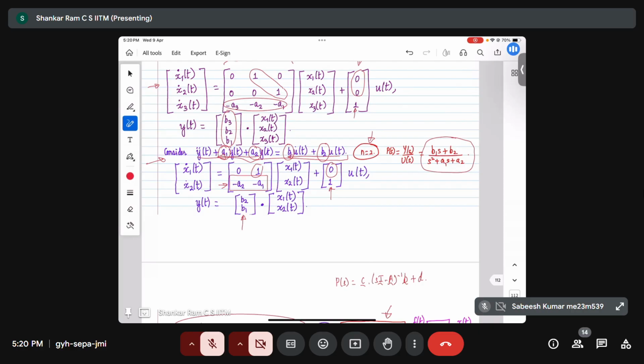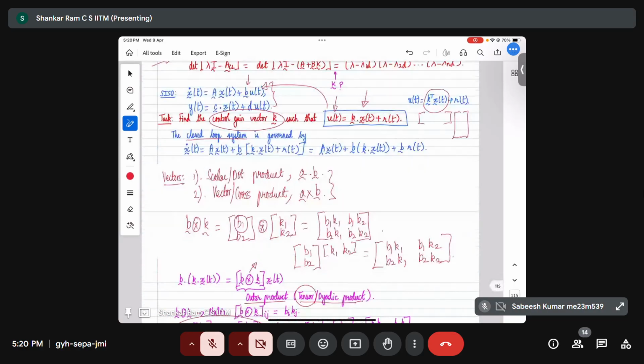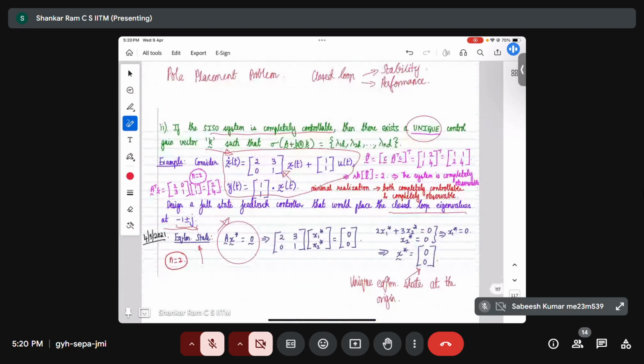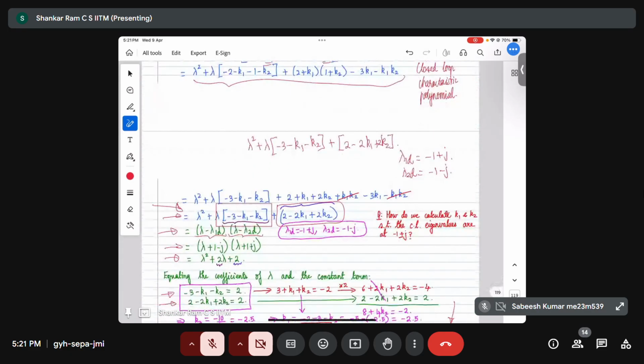The input vector is always 0, 1, and the output vector becomes b2, b1. Please remember this. We take this and apply it to this particular problem. When we go and do it, what's going to happen? I come down to our problem.